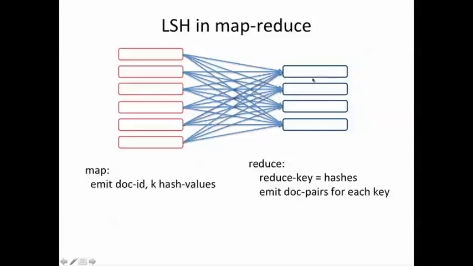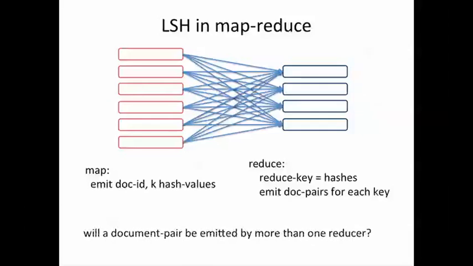Each reducer gets all those documents that have the same k hash values and figures out all the pairs that they could possibly form. So if there are 3 documents, it emits 3 pairs. If there are 4 documents, it emits 6 pairs, and so on. As a result, the MapReduce LSH produces a list of document pairs which are potentially similar.